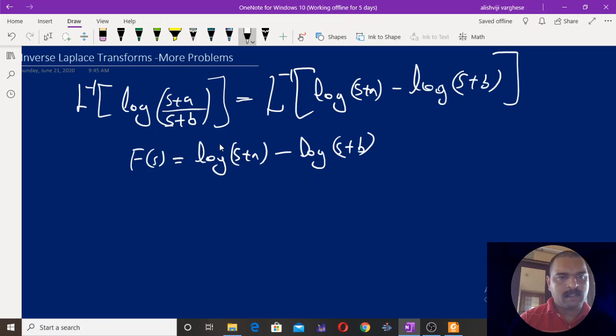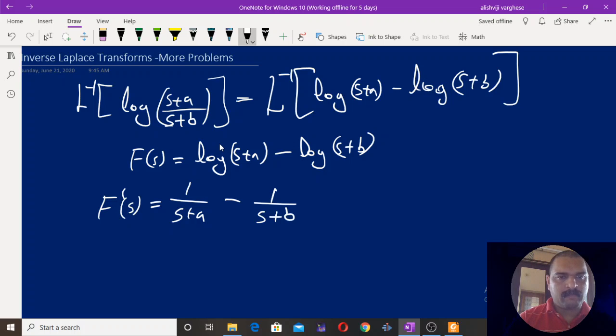Now, let's consider the first derivative of F of s, which is equal to 1 by (s plus a) minus 1 by (s plus b).